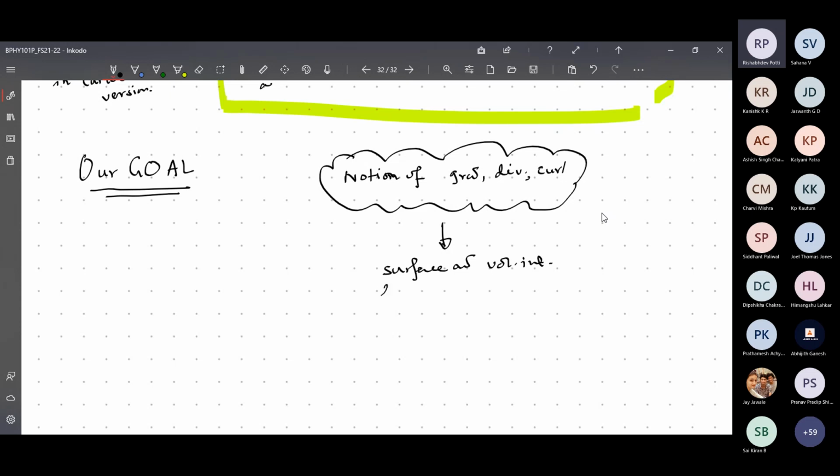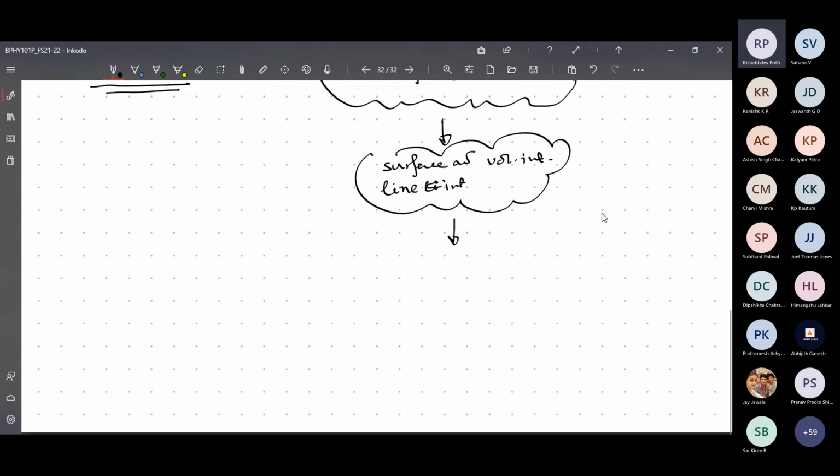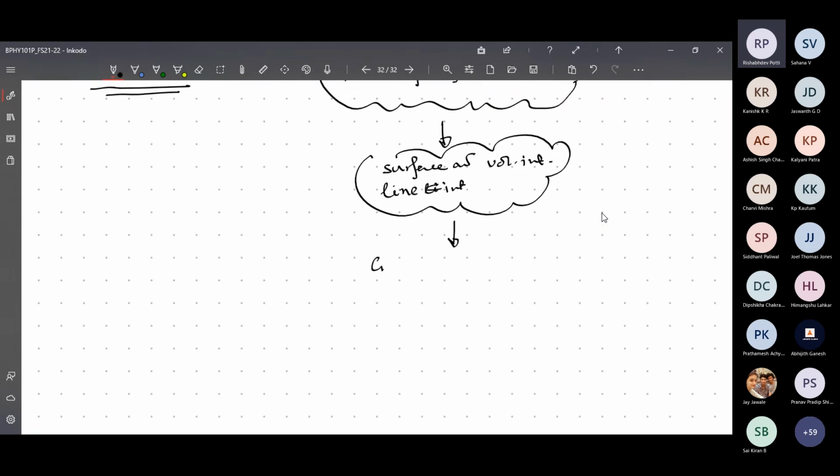That means you have line integral also. Line integral we have just now done. Once we have this, then we can have Gauss's theorem and Stokes theorem.